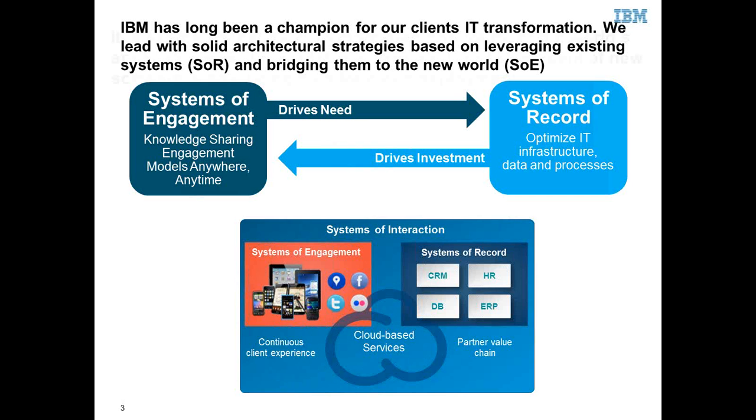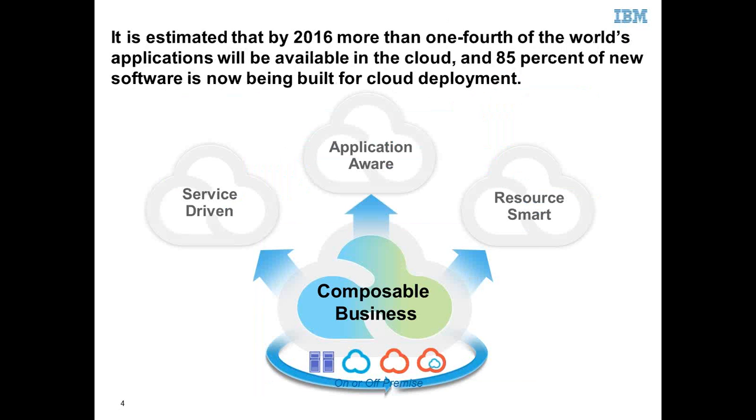Then the second concept we can see is composable business. It is estimated that a quarter of the applications will move to cloud-based access in the near future, which means cloud will be very widely adopted and will become an integral part of an organization's IT fabric.